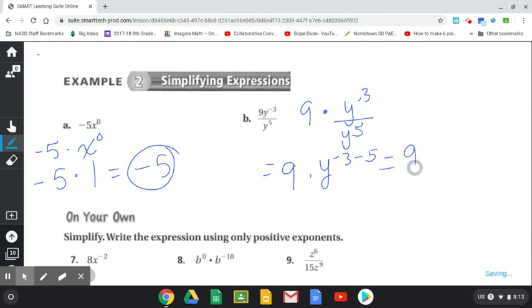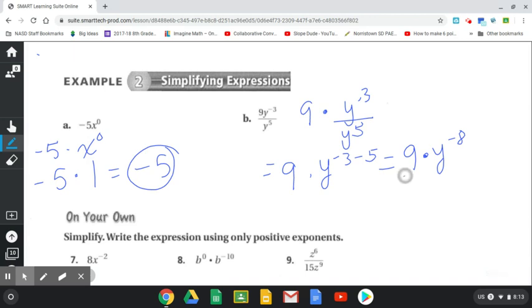That's going to give me 9 times y to the -8. So I don't want that -8. I can't have that exponent as -8.